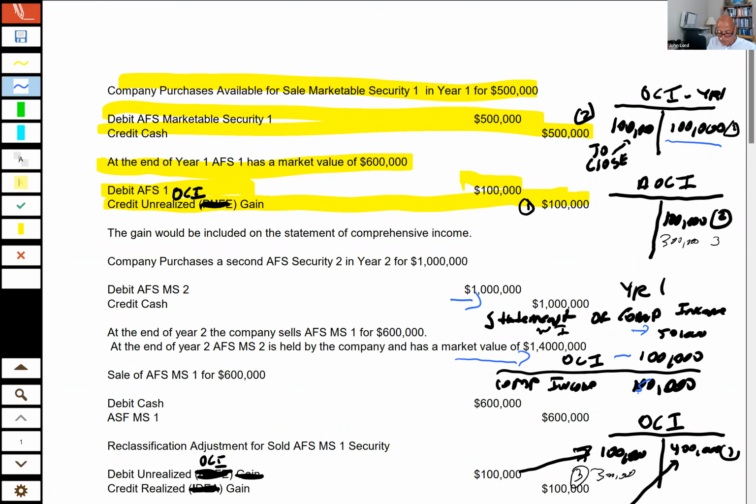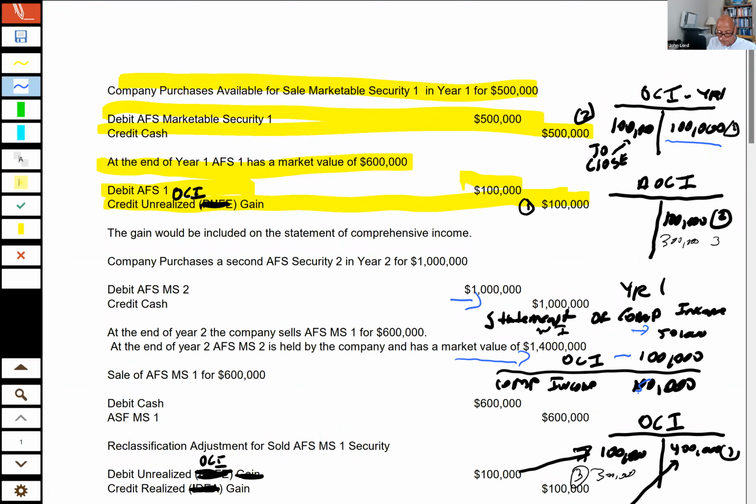And so right now I'm showing what? Net, I am showing the OCI for year 2 to be 300,000. It is constituted of the reclassification adjustment in which some came out of the accumulated other comprehensive income and some came in.